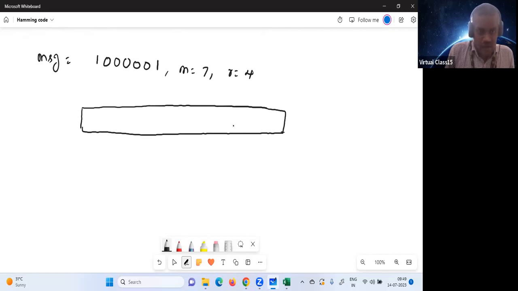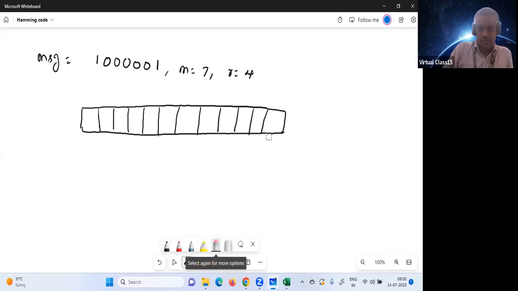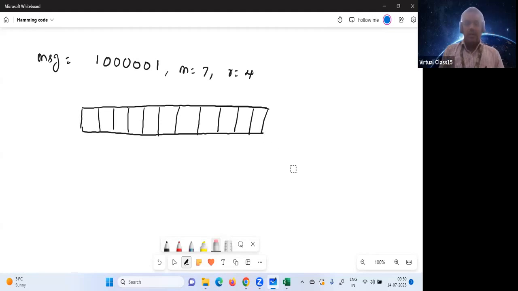The code word has 11 bits, and I will draw each cell as 1 bit: 1 2 3 4 5 6 7 8 9 10 11. This is the code word.